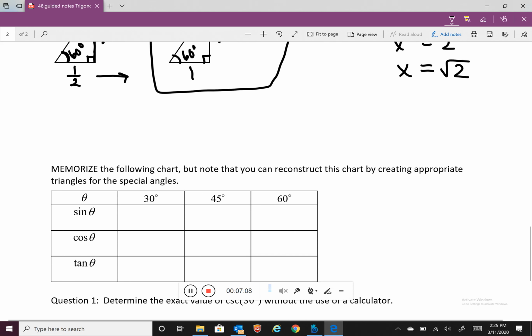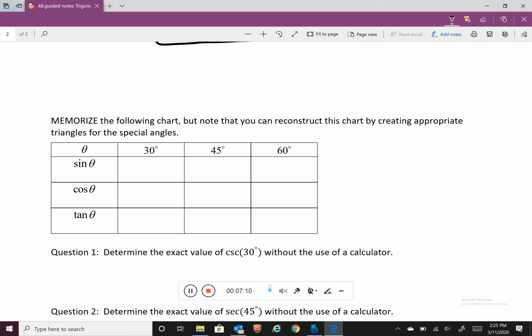So now I'm just going to recreate those two triangles to make sure we understand. We have a 30-degree angle, and the side opposite the 30-degree angle is 1/2 of the hypotenuse, and the side opposite the 60-degree angle has a relationship of radical 3, with the side opposite 30 as 1 and the hypotenuse of 2.